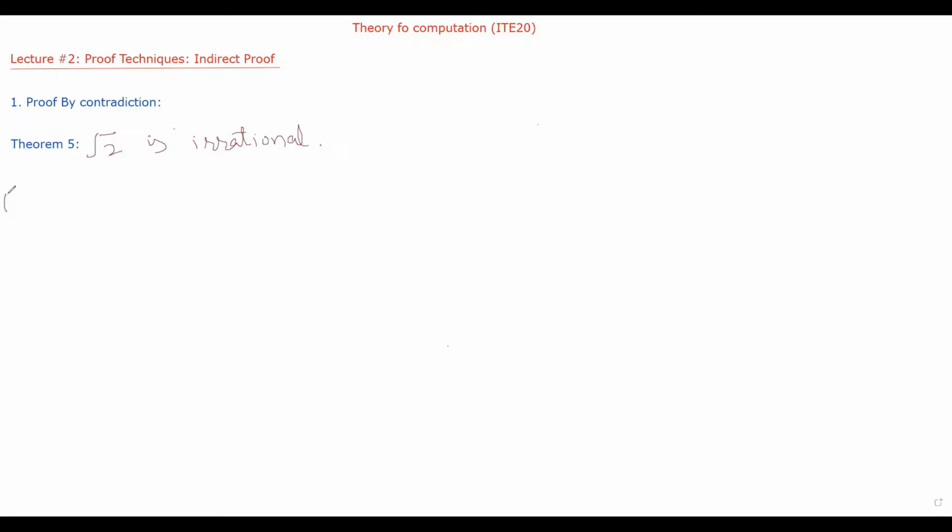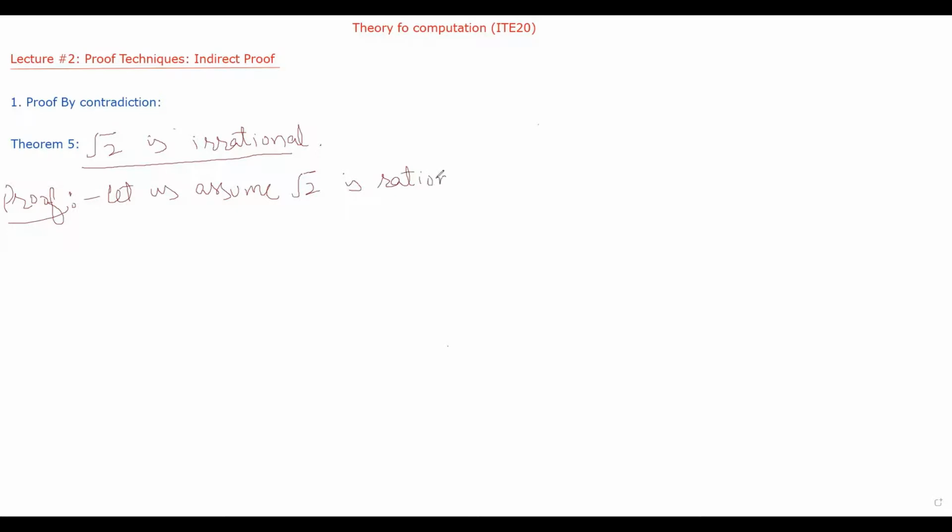So let's prove this using proof by contradiction, that means an indirect proof. We will assume its opposite. What is the opposite of this theorem? Let's assume under root 2 is rational.